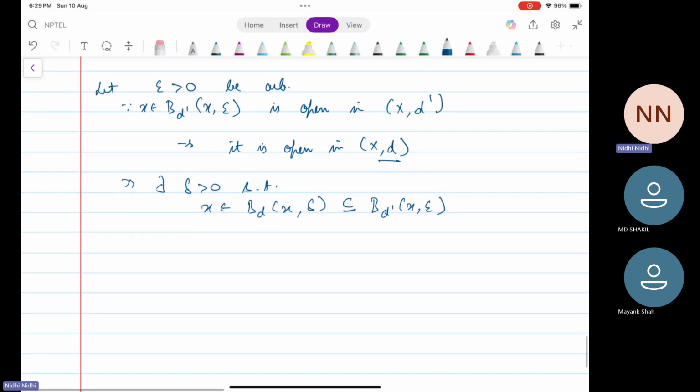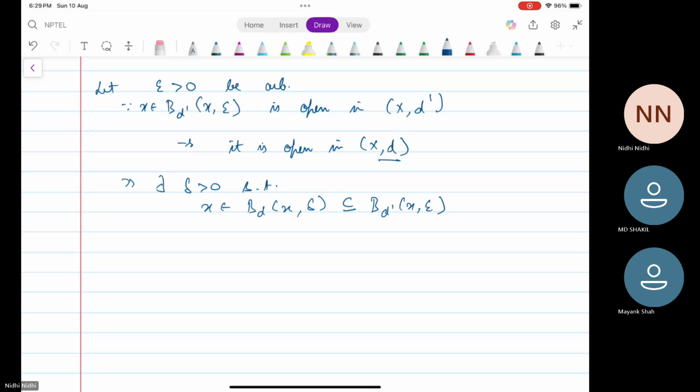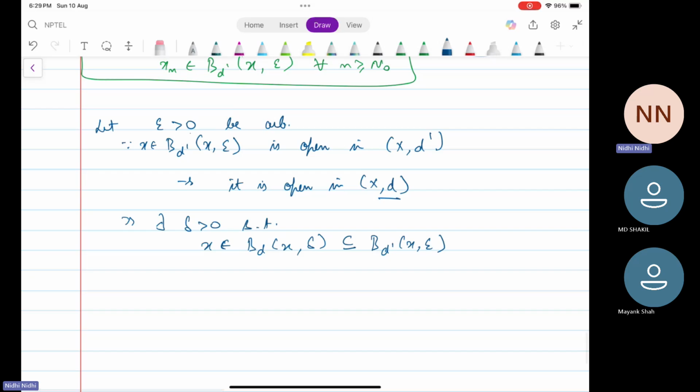I hope till here it is clear how this is happening. So we started with an epsilon positive, arbitrary. Considering this open ball with respect to metric d', it is open in d'. Now since d' and d are equivalent, it is an open set with respect to the metric d.